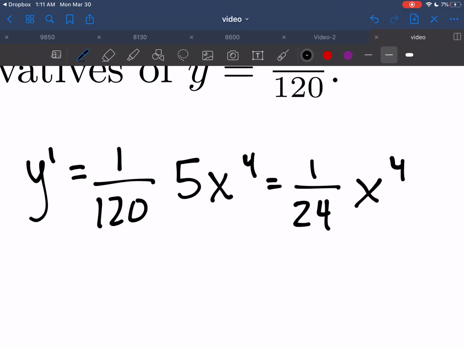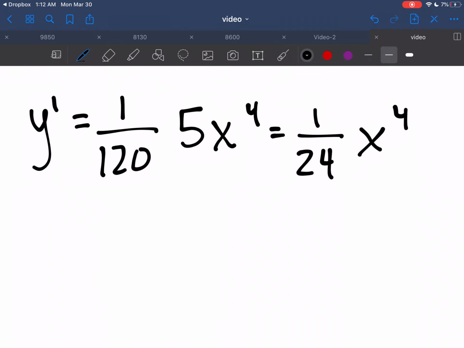I thought it might be easier if we simplify the fractions a little bit. All right, so there's your first derivative. So we can go ahead and take our second derivative.